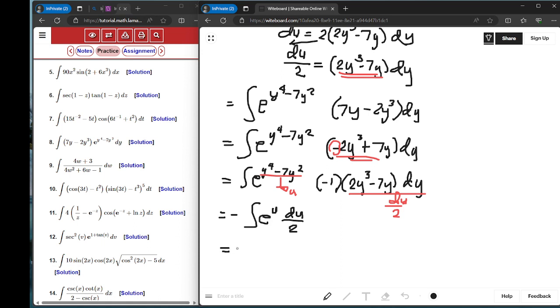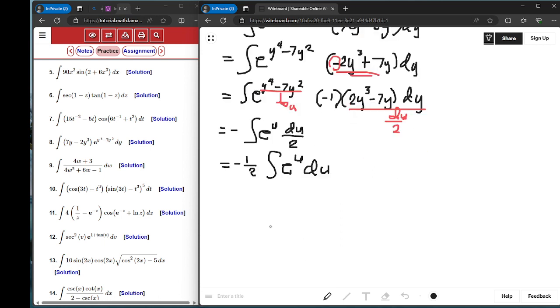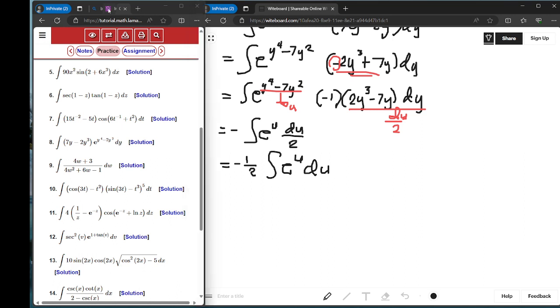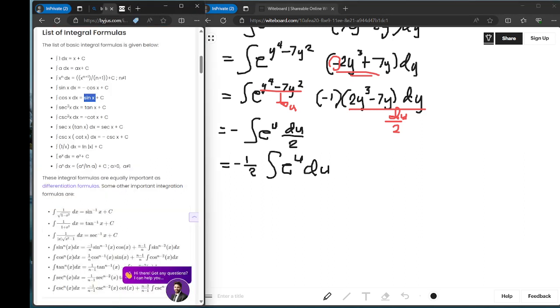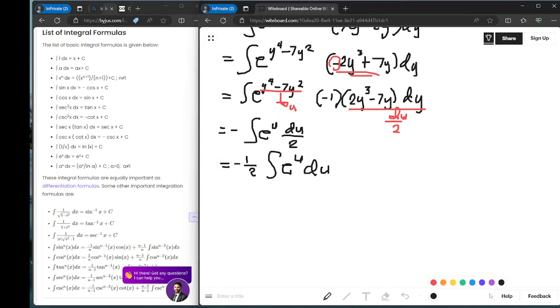Let's move out the constant. This will become negative 1 half e times the integral of e to the u du. If we check back the formulas, the integral of e to the x dx, or if you change it to e to the u du, is just e to the u. So this is negative 1 half times e to the u plus c.